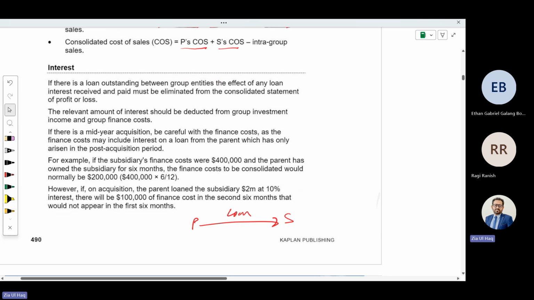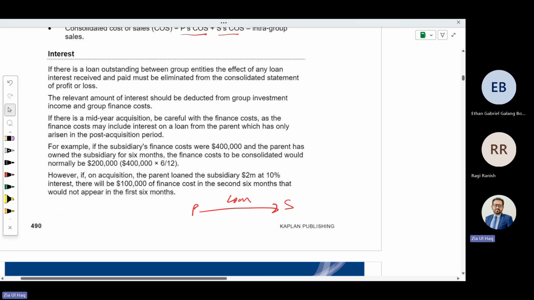This means in the parent company there is an investment in the balance sheet, and in the subsidiary there is a liability in the balance sheet that at consolidation we need to eliminate. But in a similar way, they have recorded the interest, like they have recorded interest income, and they have recorded finance cost, meaning interest expense.